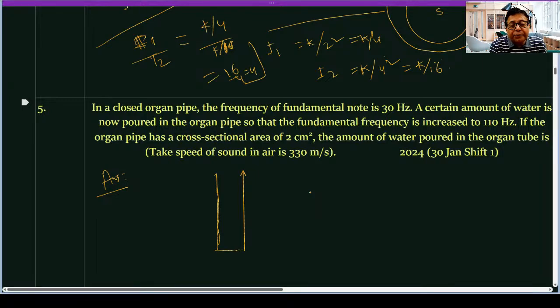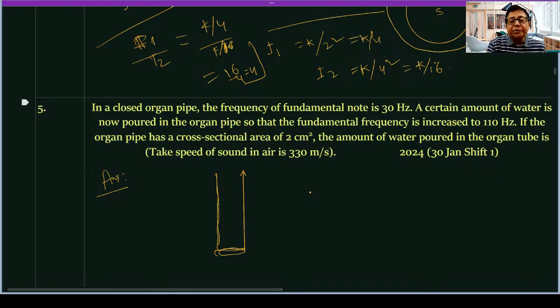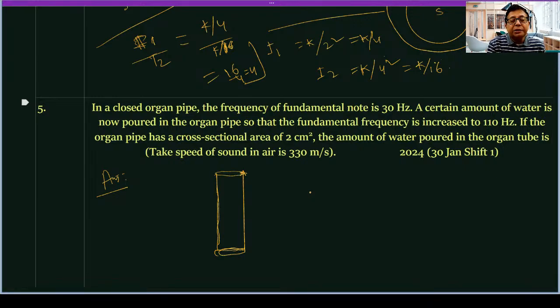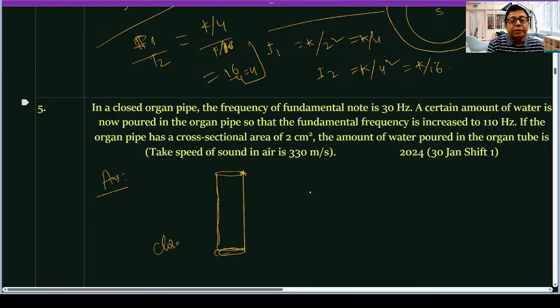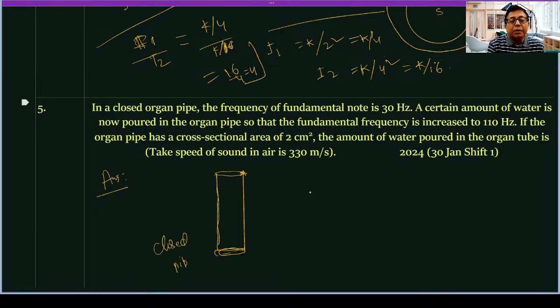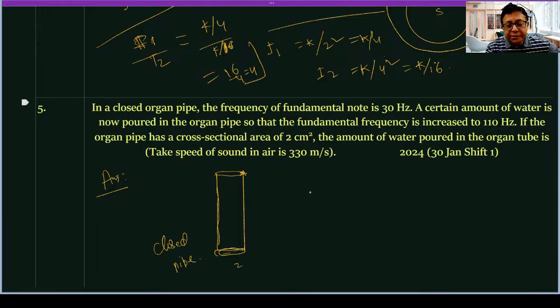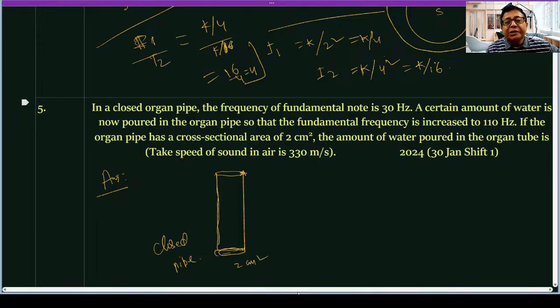Closed organ pipe. Fundamental note frequency, suppose the length be L, this is closed pipe. Area of cross section given 2 centimeters square.